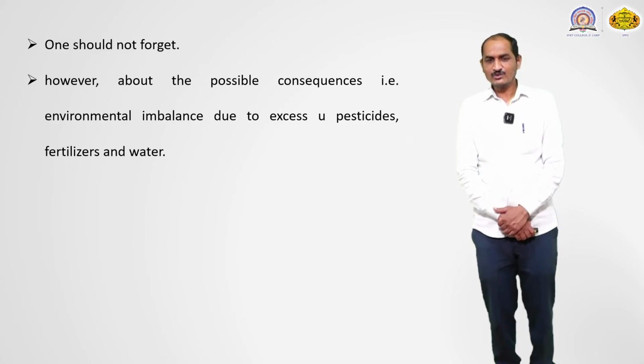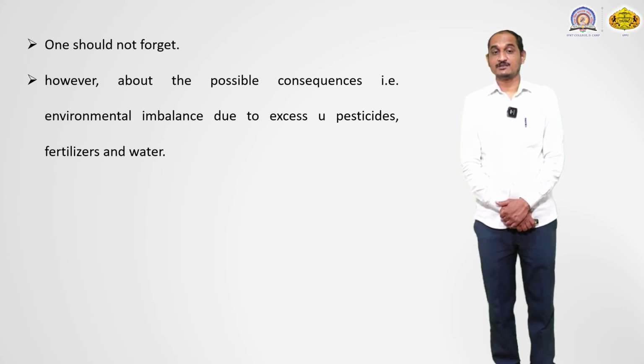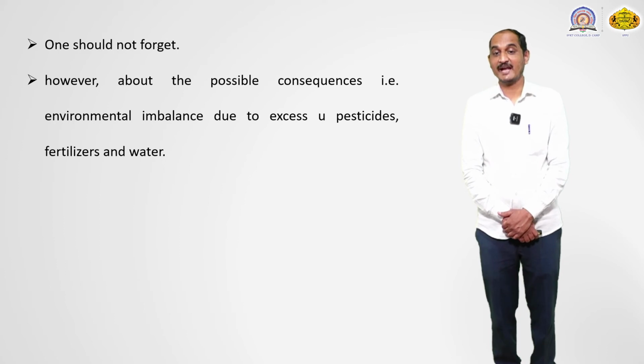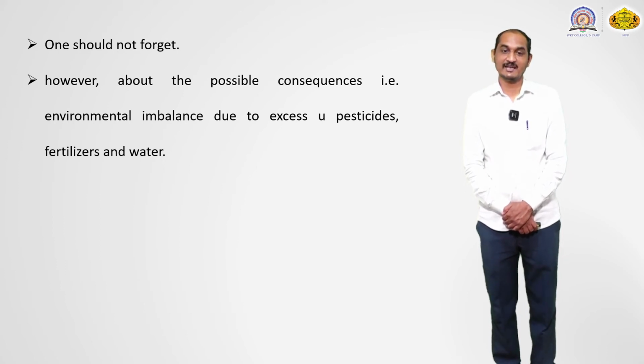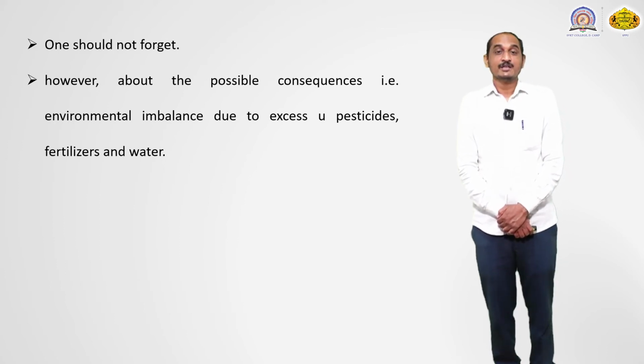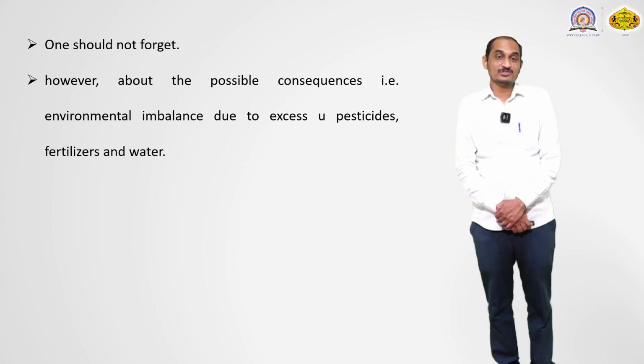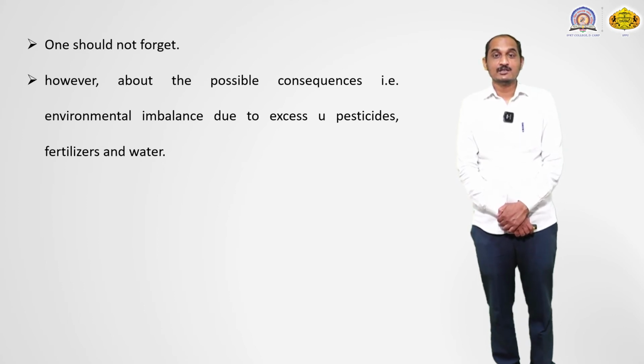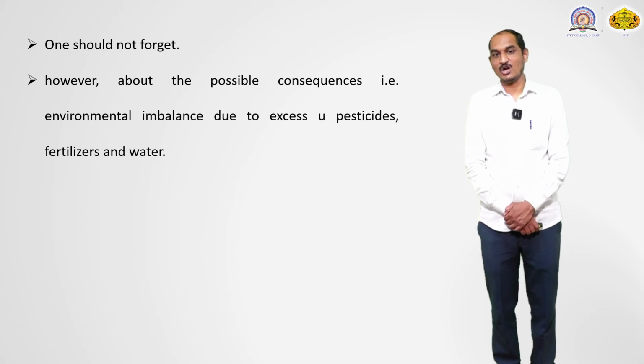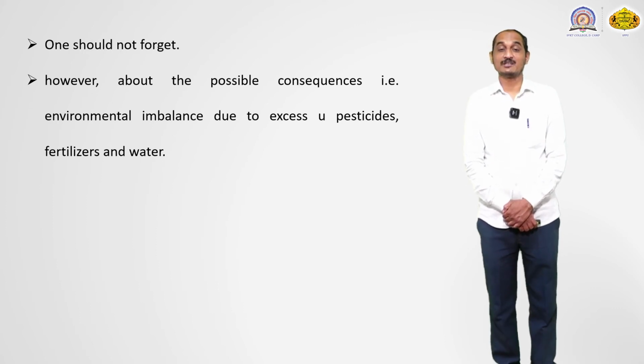We should not forget, however, the possible consequences: the environmental imbalance due to the excess use of pesticide, fertilizer and water. Our aim is to increase the productivity of agricultural products, and for that we use all these chemical compositions.